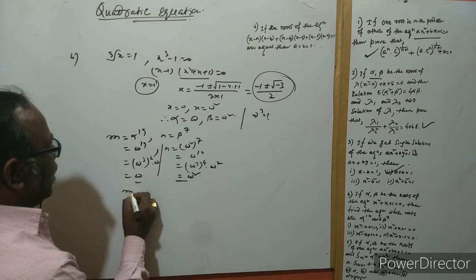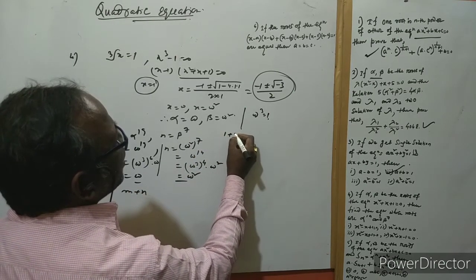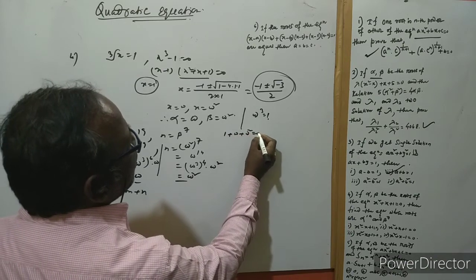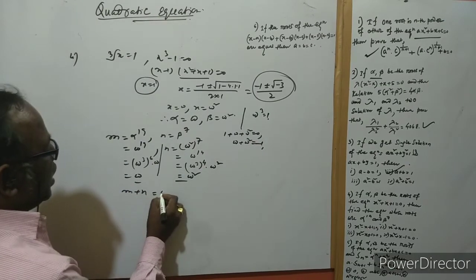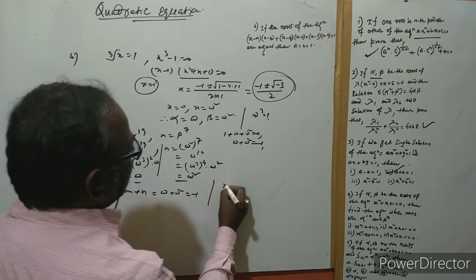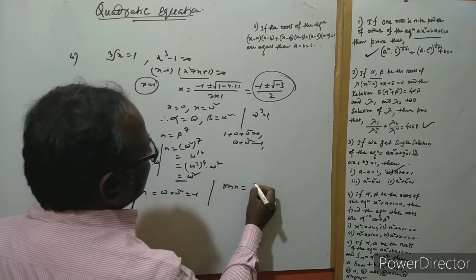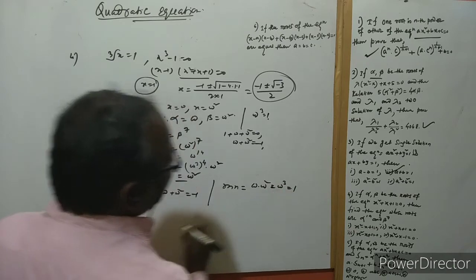So now m plus n. You know 1 plus omega plus omega square equals 0, so omega plus omega square equals minus 1. So you can write m plus n equal to minus 1. Again m into n is omega into omega square, omega cube, which is equal to 1.